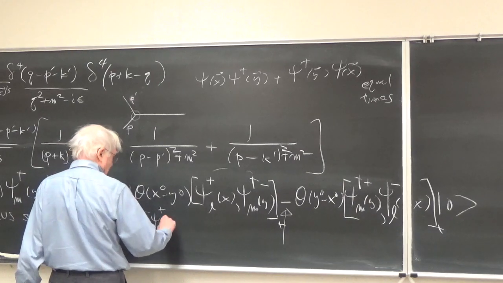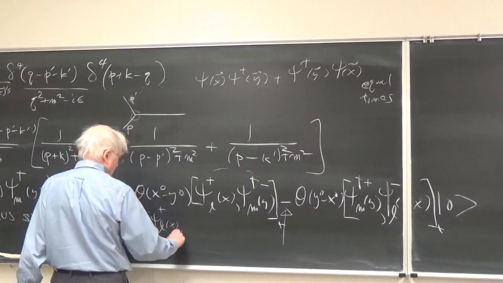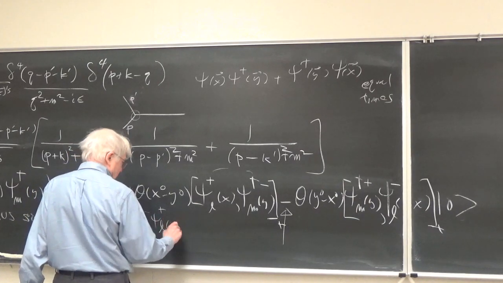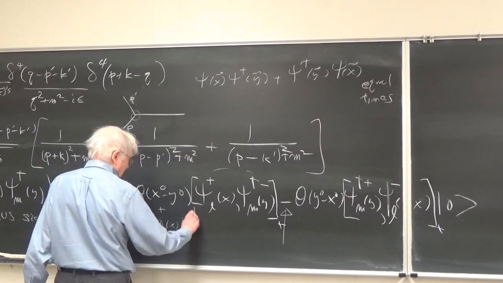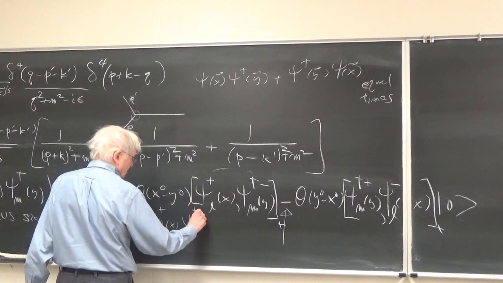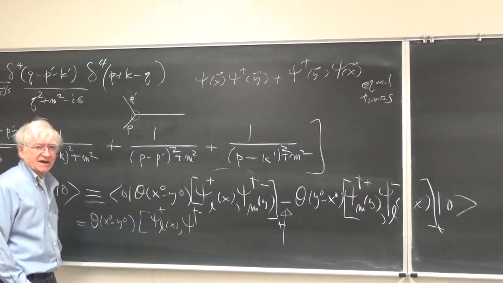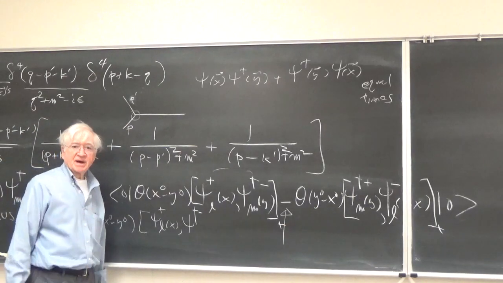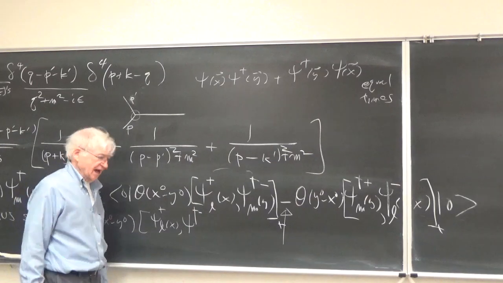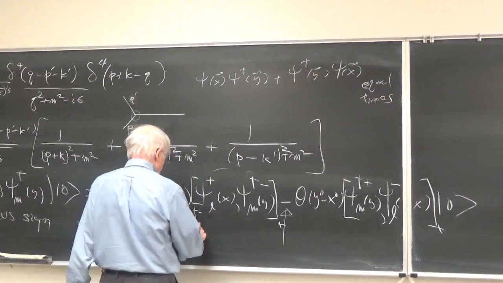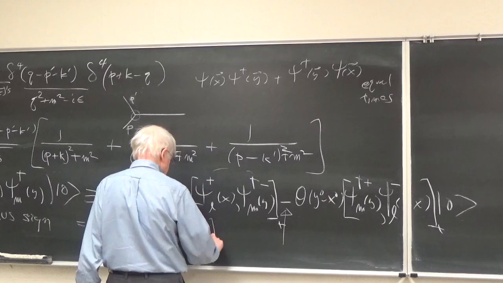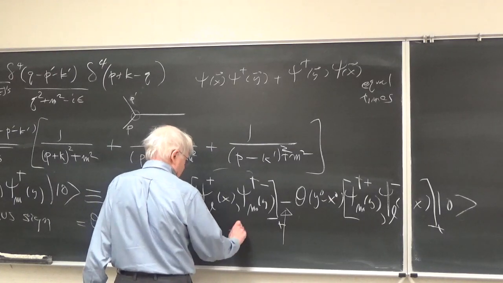And so what we get is simply theta x0 minus y0, anti-commutator psi plus L of x, psi dagger, we need a different symbol than dagger because dagger and plus get mixed up. I wish someone had invented one and made it common usage, but no such luck.